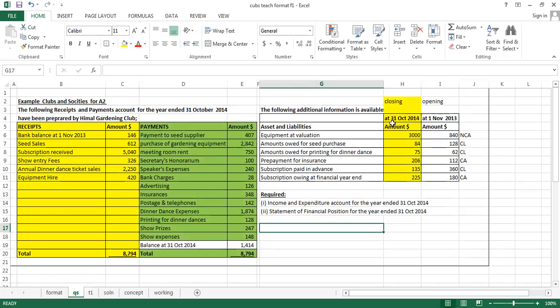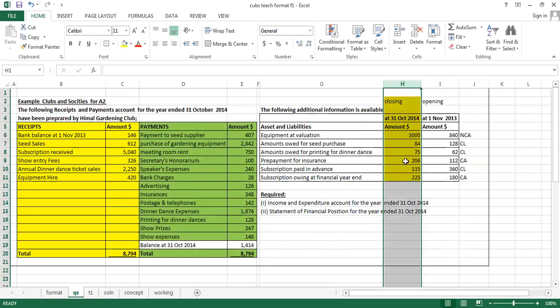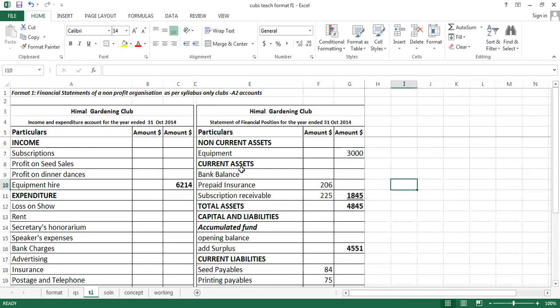Now, basically what we have done is we have filled up all the closing balances as either asset or liabilities, and we have placed them in the specific section of the statement of financial position. So after having done this, if you look up the format that you have copied or printed out, what we are going to observe is that we have non-current asset only one item, so this itself is a total.